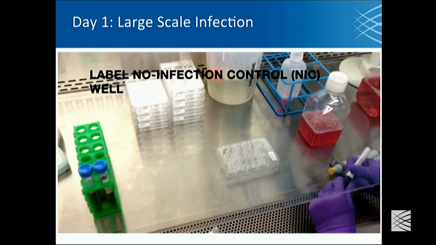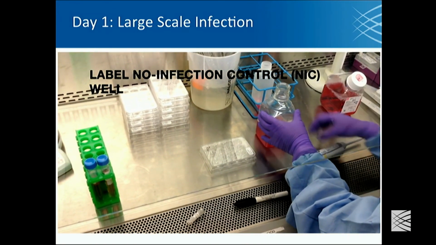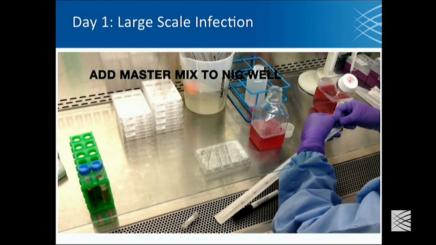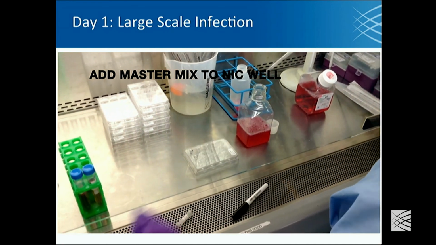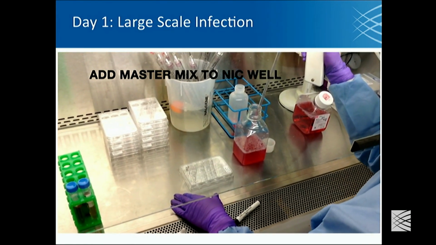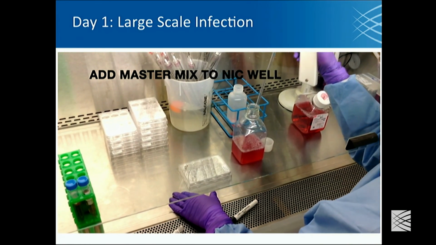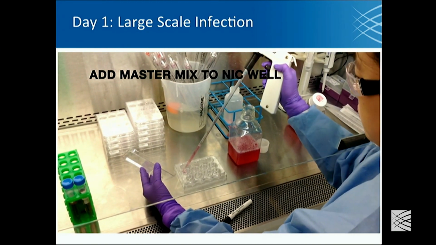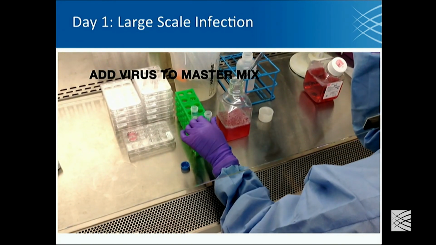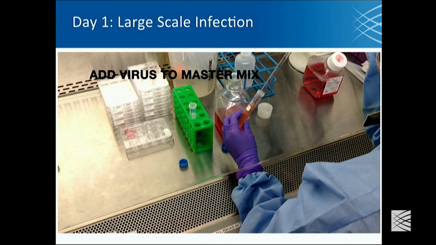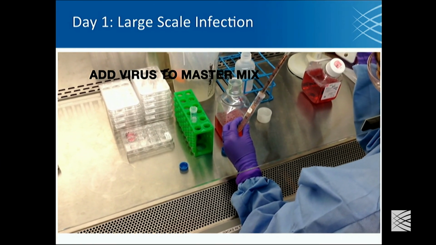Label a no infection control, or NIC, well. Add 2 milliliters of the master mix to your NIC well. Add virus to your master mix at the volume determined by your viral titration.